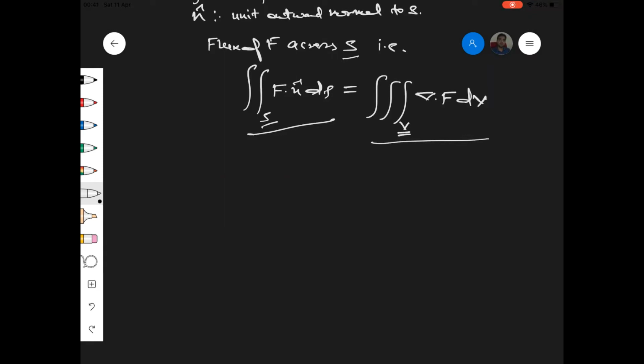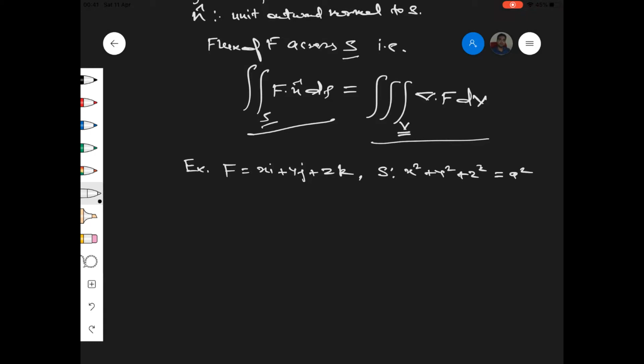So let's take a vector field F equals x i plus y j plus z k, and we have a surface created by a sphere of radius a, x square plus y square plus z square equals a square.